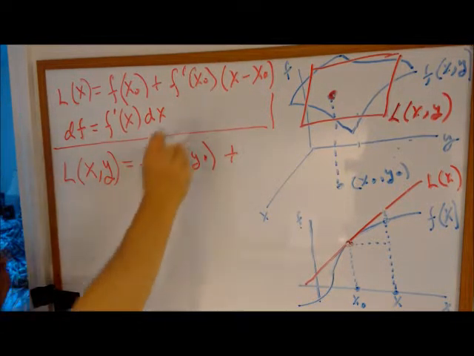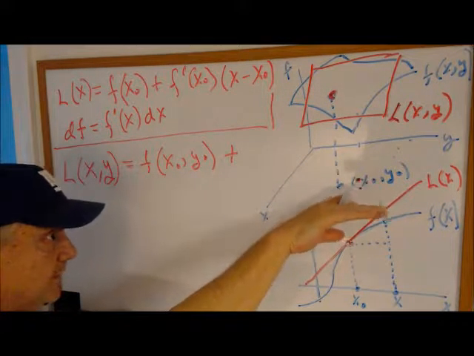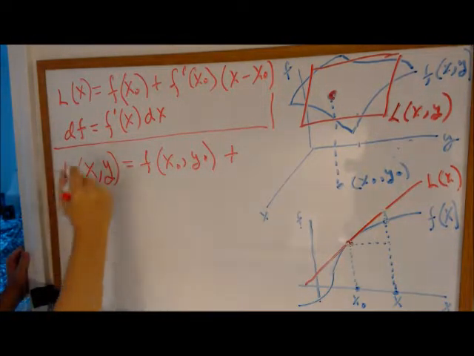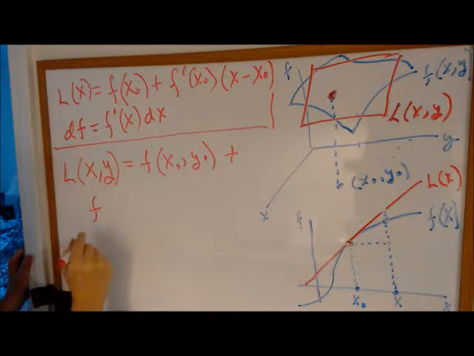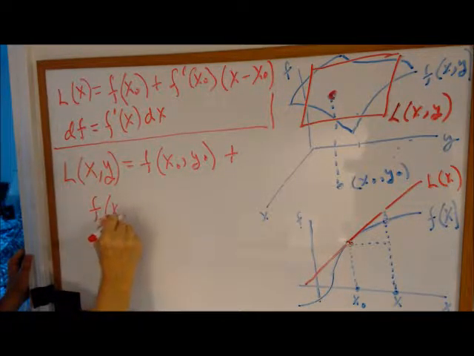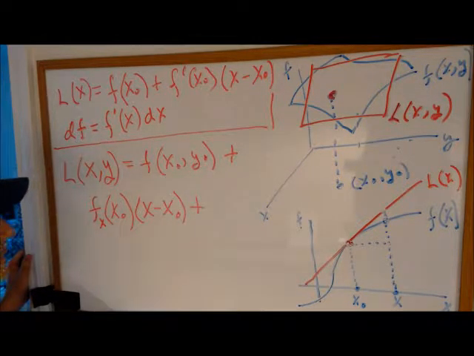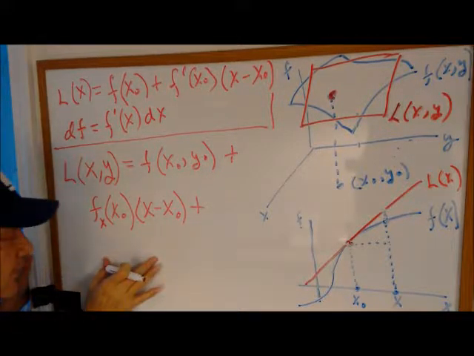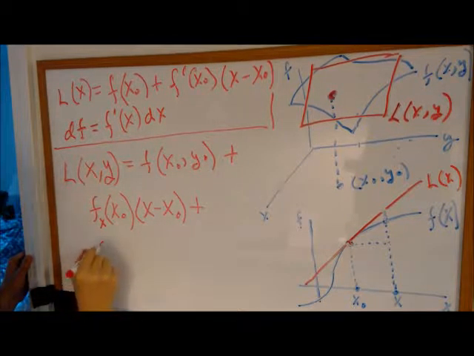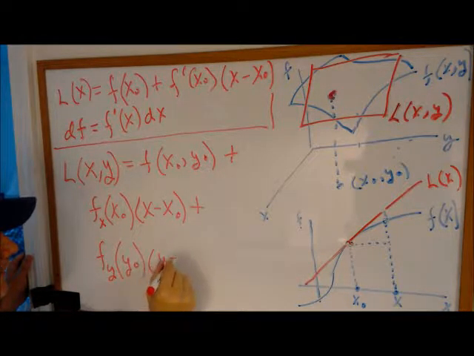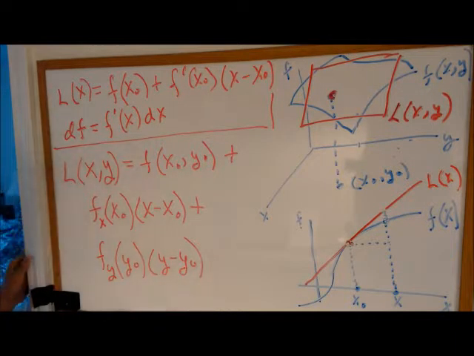Well, things are changing in the x direction and also in the y direction. So we first must write the partial of f with respect to x at x naught, and the change of x is just like before, x minus x naught, plus, well, now we have, this is multivariable calculus, we have another component. We have the partial with respect to y at y naught times y minus y naught.